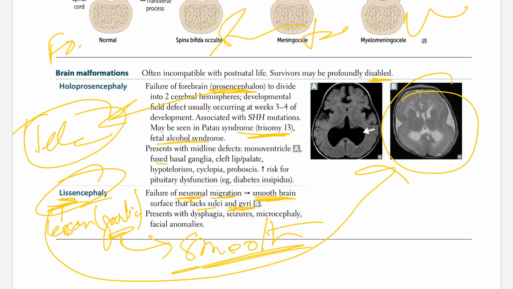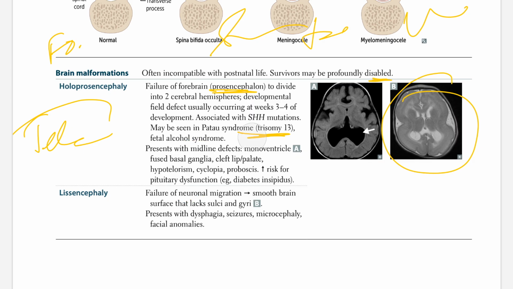It's simple. Okay, it's going to present with dysphagia, seizures, microcephaly, and facial abnormalities. So all you have to think about, okay, because you have a smooth brain, it is going to be small, microcephaly. It can lead to seizures, dysphagia, and some facial abnormalities.